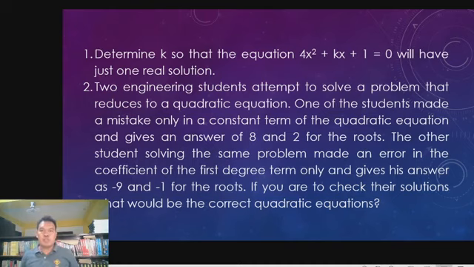Okay, determine k so that the equation 4x squared plus kx plus 1 is equivalent to 0 will have just one real solution. Okay. Let's write it.